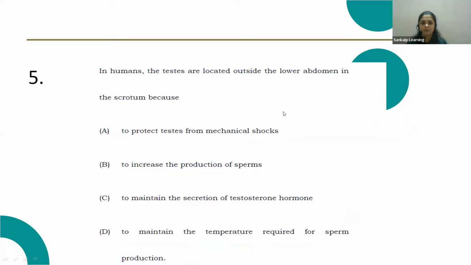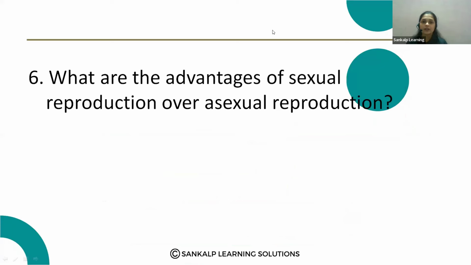Sixth question. What are the advantages of the sexual reproduction over the asexual reproduction? So how is sexual reproduction more useful than the asexual reproduction? What is the meaning of sexual reproduction?